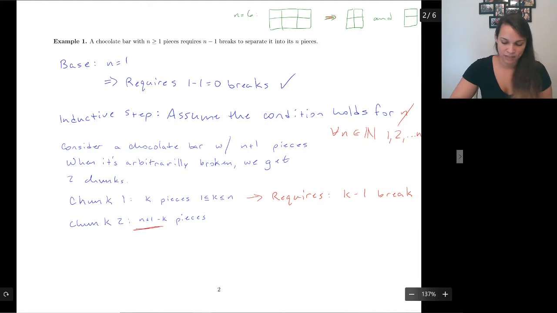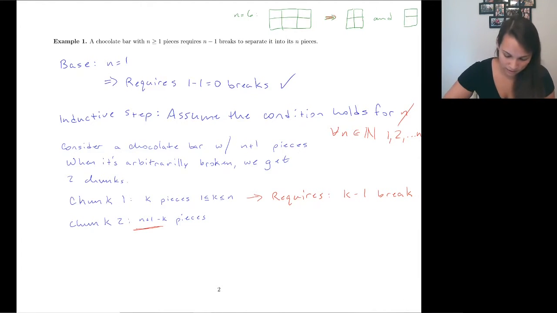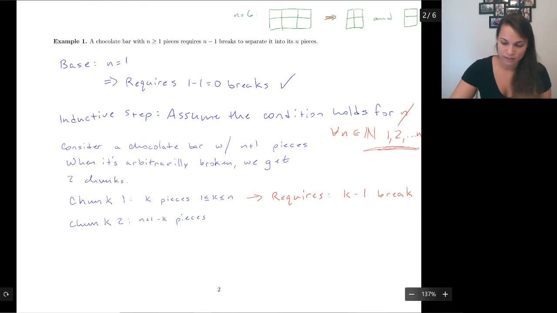And then same for this. We've got it's minus at least 1, because k is at least 1, which means at most we have n pieces in chunk 2. So that means we are also sitting somewhere in here. And so he's going to require n plus 1 minus k minus 1 breaks to get down to his individual pieces.